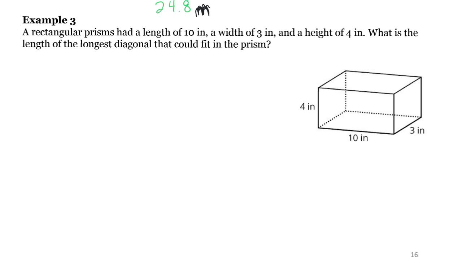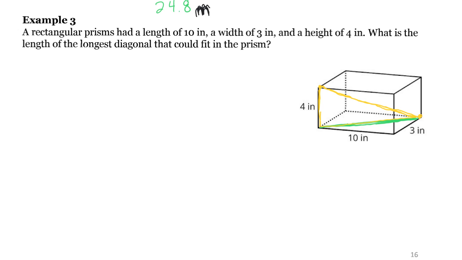So we have to find, really, the diagonal of this bottom here from one length of the box to the other. So just like we did that part in 1.7, we need to find the diagonal here first. Because really the true longest length is from this corner to this corner. So it extends down here. So we need to do this triangle: down there, across here, and then this diagonal up here.